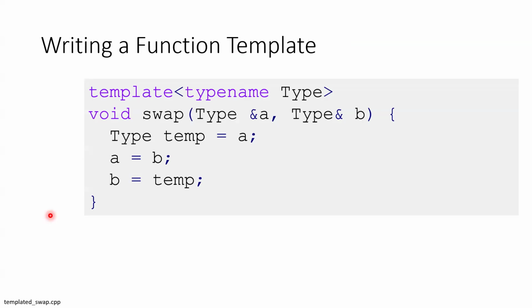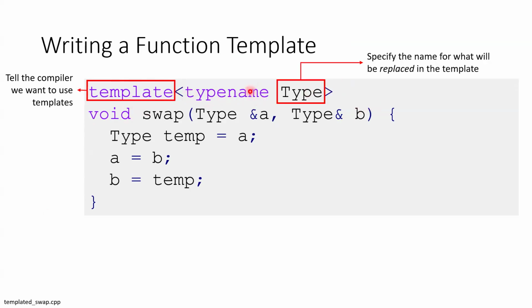Here is an example of writing a template. The first line tells the compiler we want to use templates with the template keyword. Then in the bracket, we have the typename keyword, specifying the name of the type that you're using.